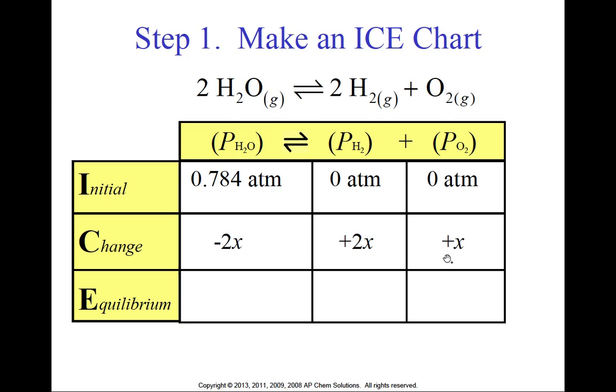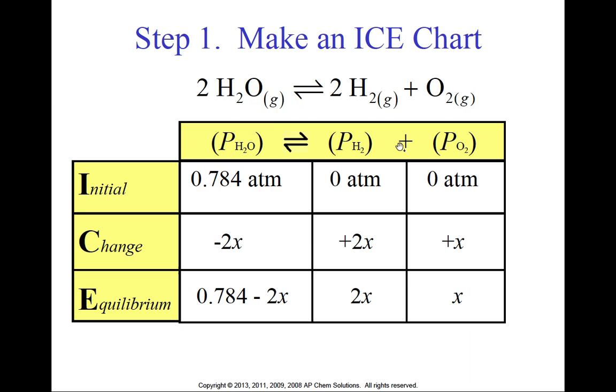So basically, whenever you set up these ICE tables, for your reactants you're going to subtract, and for the products that you make, you're going to add X or 2X or 3X. Whatever this coefficient is here is always going to go in front of your X. So in this case, these both have a 2 coefficient. This has 1. Then you subtract anything from your reactants and you add for your products.